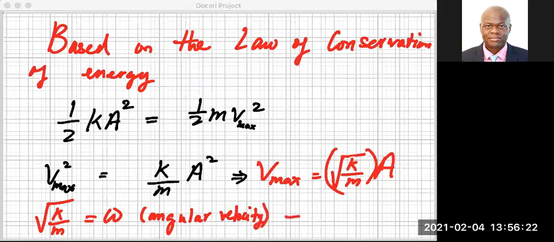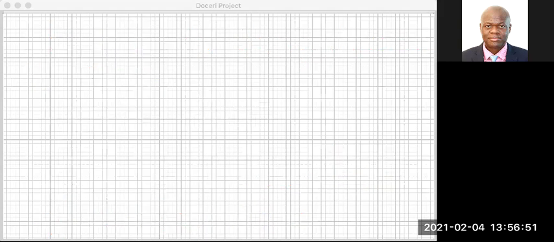Okay, so this means that v max is equal to, if you replace the square root of k over m by omega, then you just have omega times A. So v max is equal to omega times A. Okay, that's another equation you've learned today.